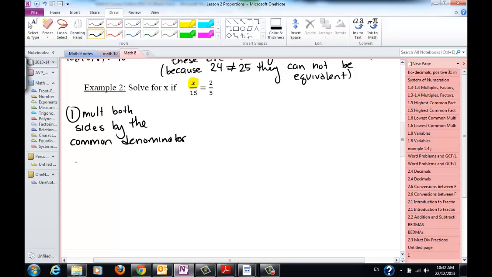Our denominators are 15 and 5. So the lowest common denominator between 15 and 5 is actually 15. So right now I have x over 15 is equal to 2 over 5.